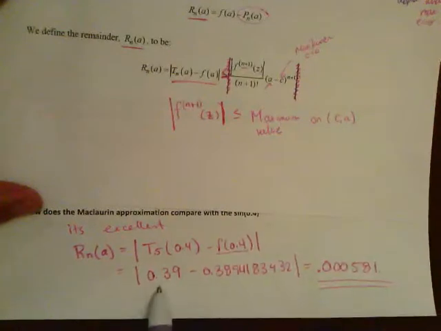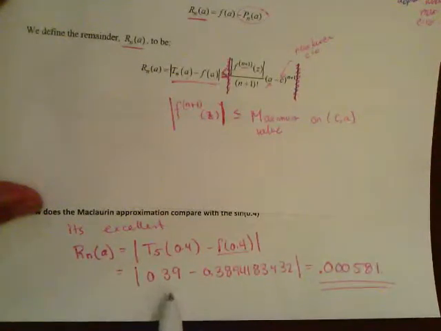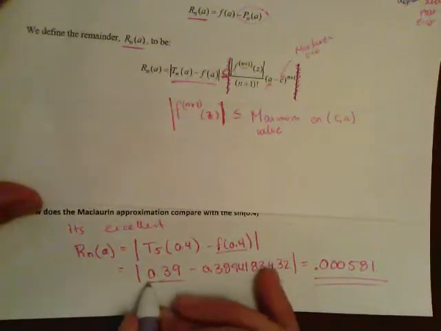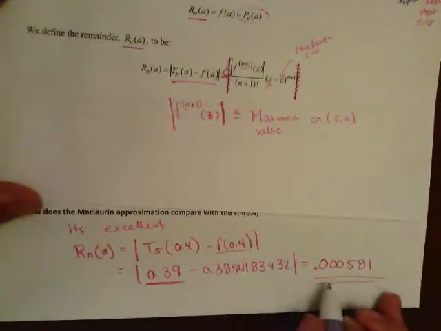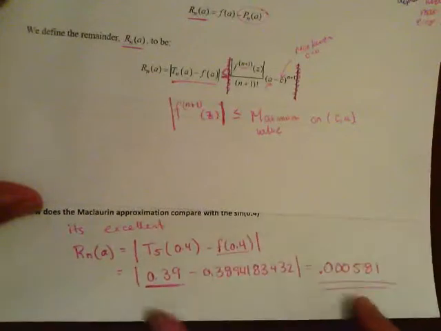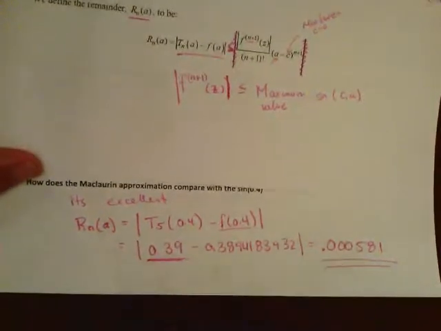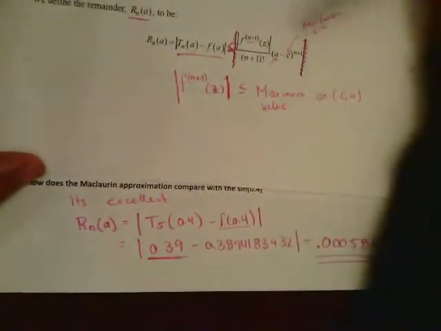So the idea is that my approximation of 0.4 is that if I take my 0.39 and I subtract or add that remainder, that will put me in the place I want to be to get an exact approximation.